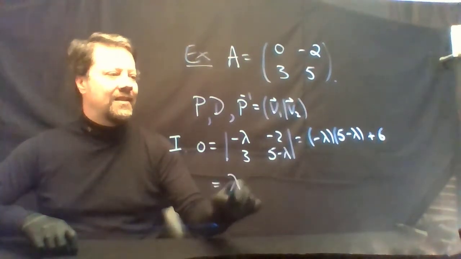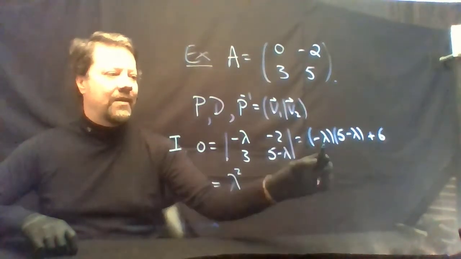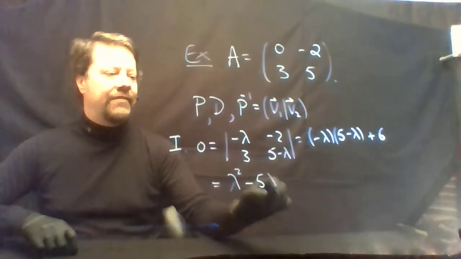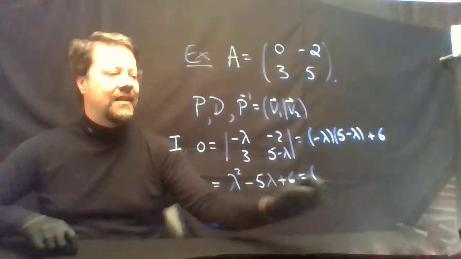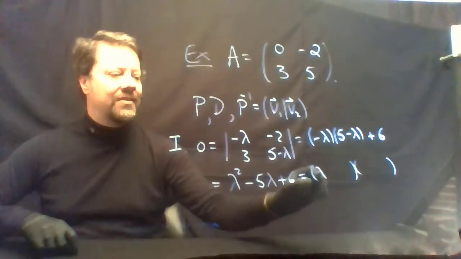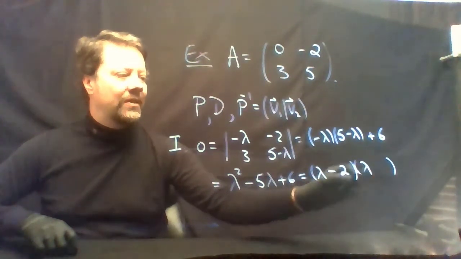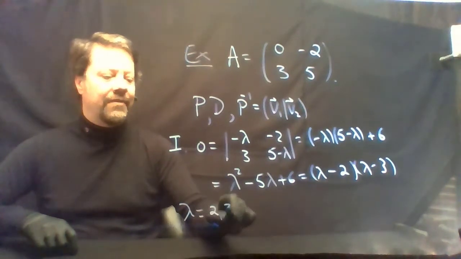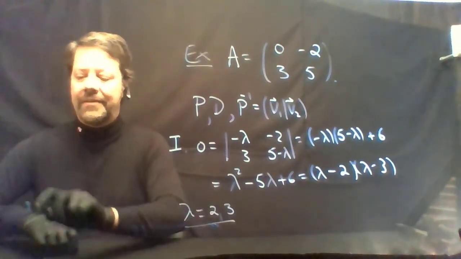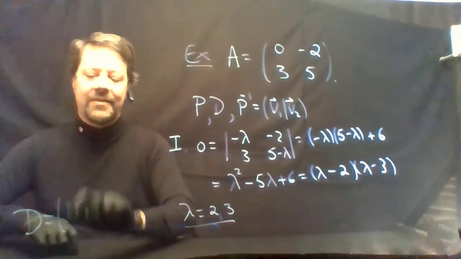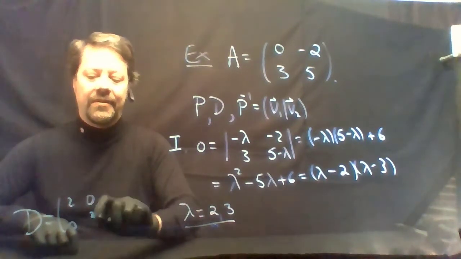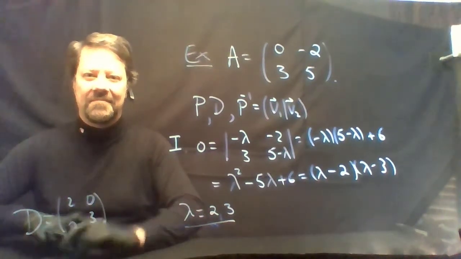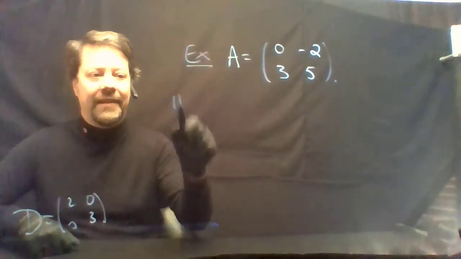So that'll give us a positive lambda squared minus 5 lambda, and then plus 6. And we know how that factors: lambda minus 2, lambda minus 3. We get eigenvalues of 2 and 3. Therefore, our matrix D is 2, 0, 0, 3.